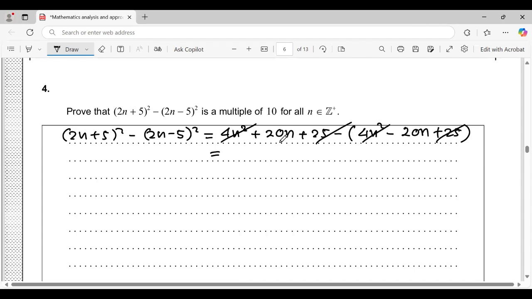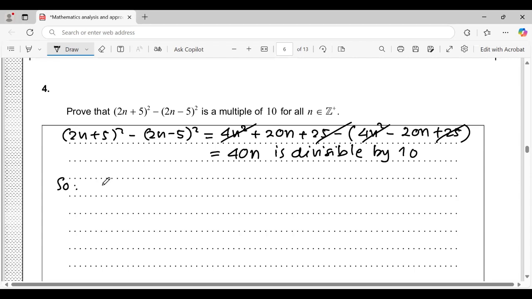So it equals 0 plus 20n plus 20n, 40n. 40n is divisible by 10.